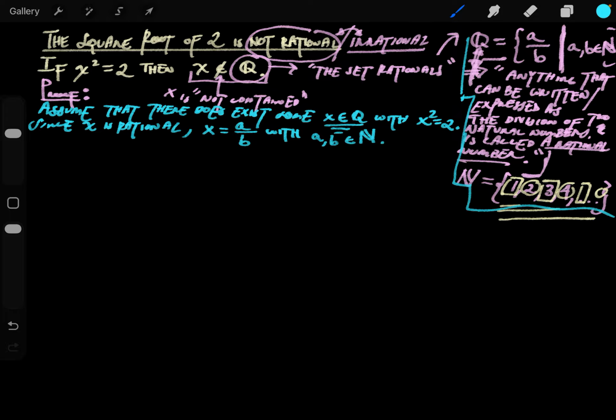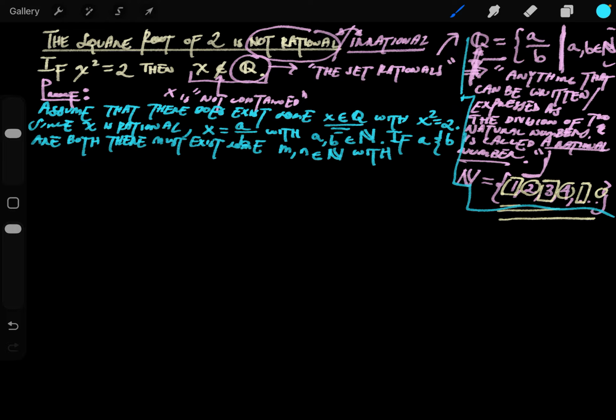Now, we got to say something a little tricky. We got to say that if a and b are both even, there must exist some m and n contained in the natural numbers with the following two properties.